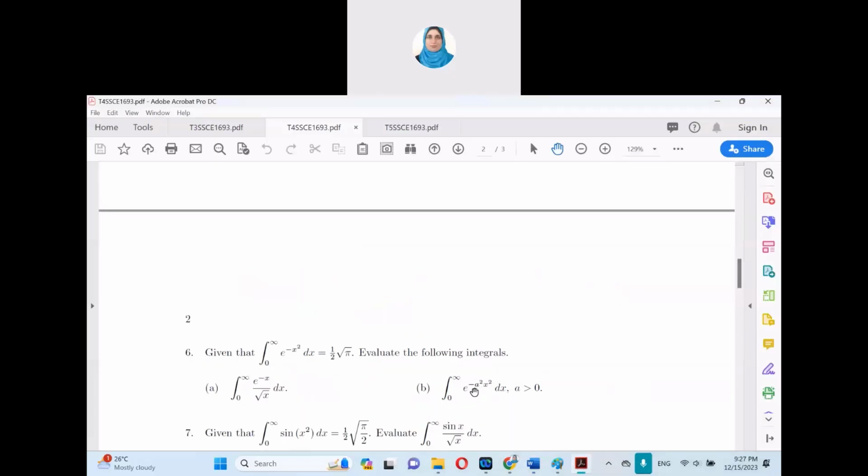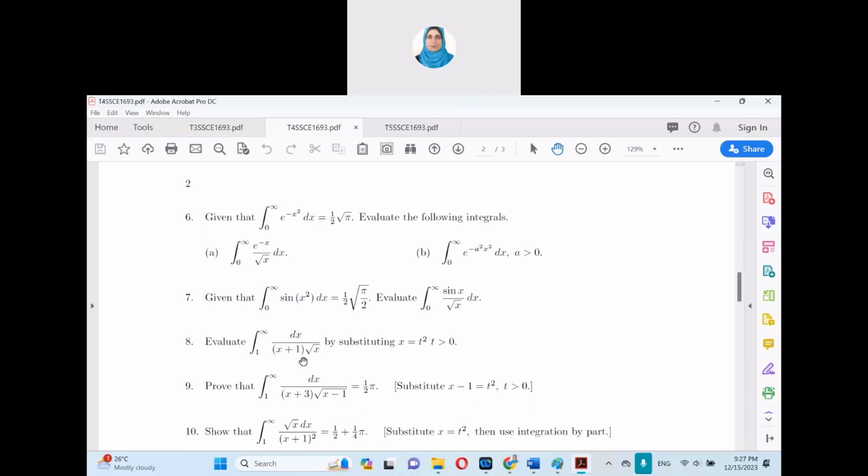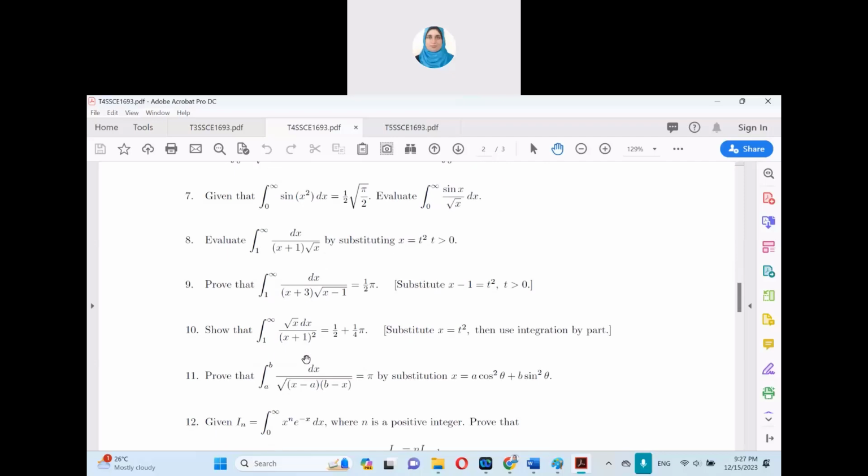For part B here, take your substitution u equal to ax. For question 7, take u equals square root of x. So 6 and 7 is okay.